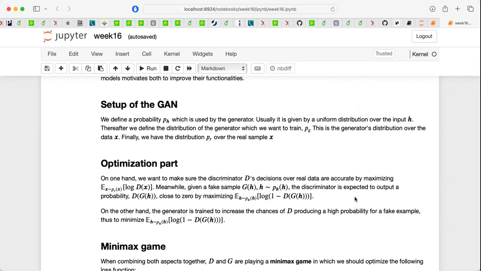And the discriminator is expected to output a probability D, which is given as an input by this G of H, together with a D of X, as you see here. And this is something which we want to have as close to zero, where we just minimize the difference between 1 and the probability D of the data generated by the generator.